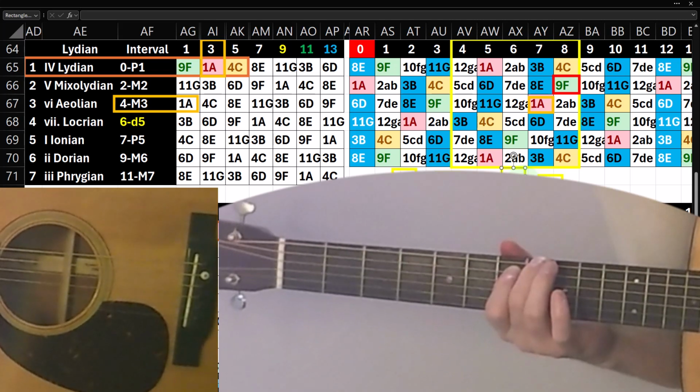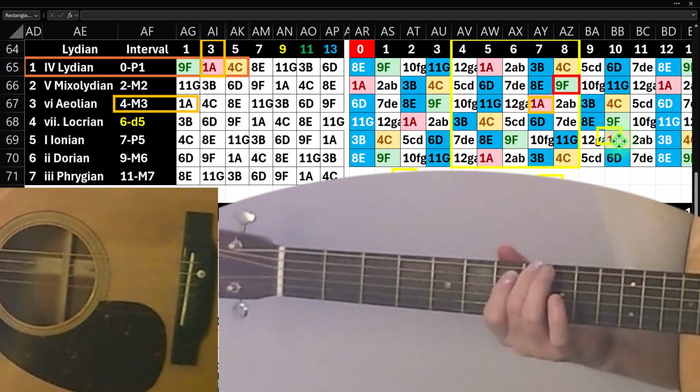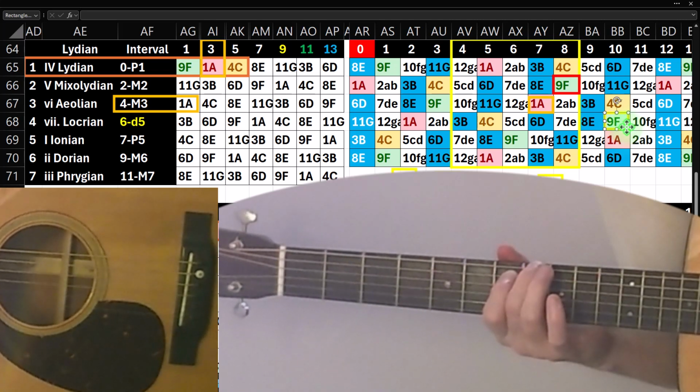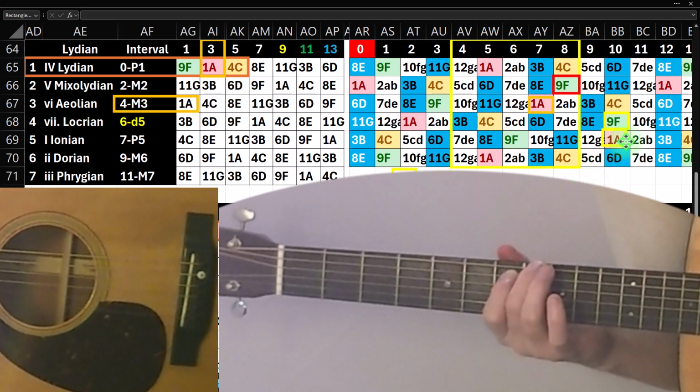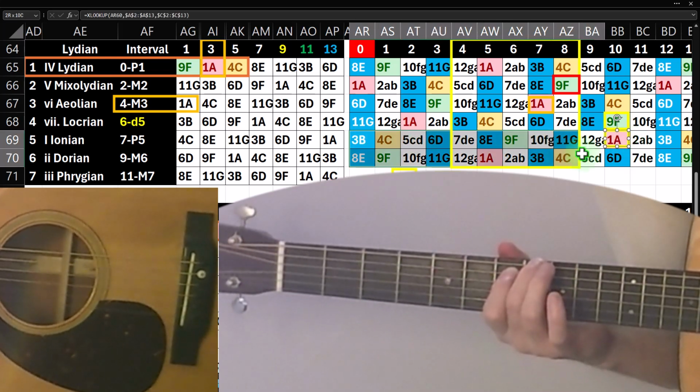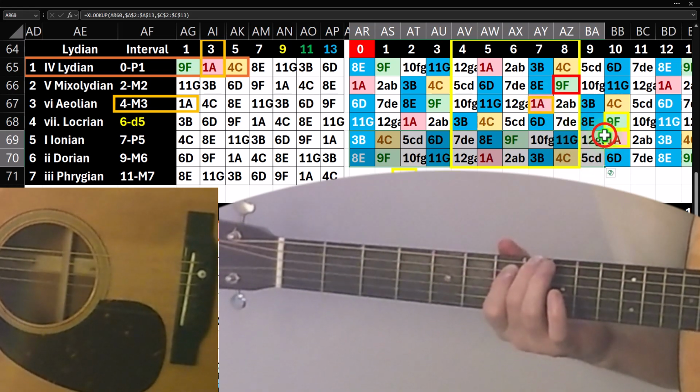That could only happen in one area. If I was right here on the G string and went down, it would be on the same fret. Why? Because this tectonic plate shifted up, so if it was over here before, now it's up one.